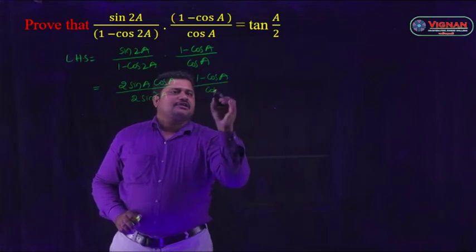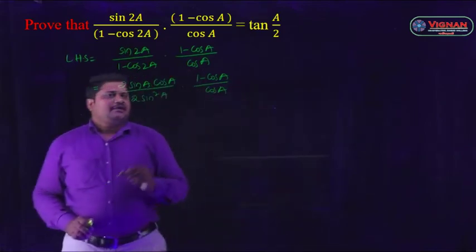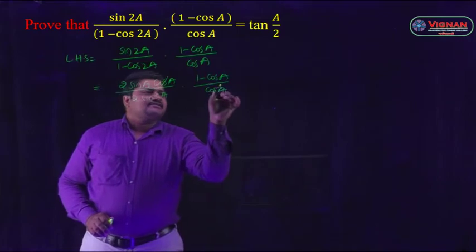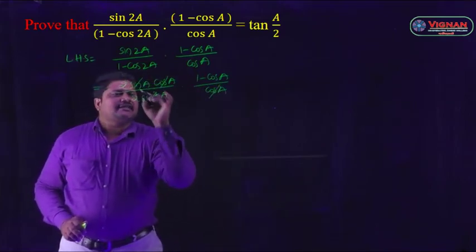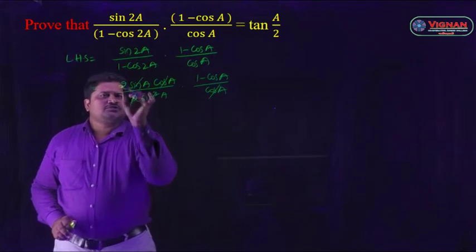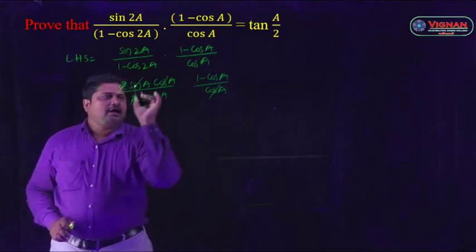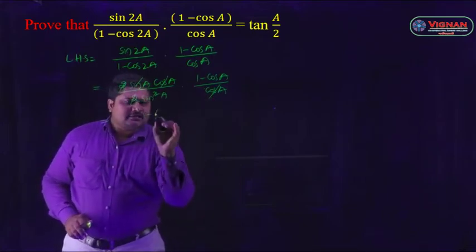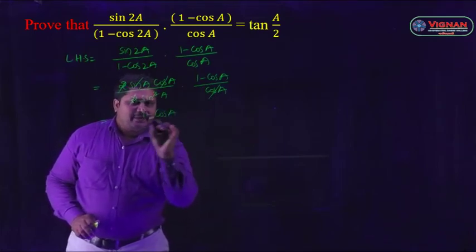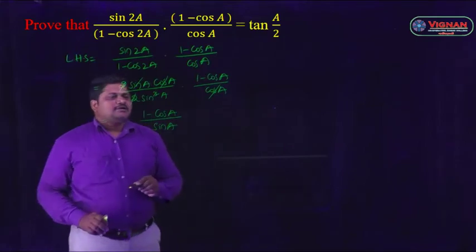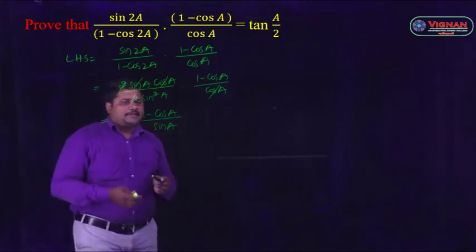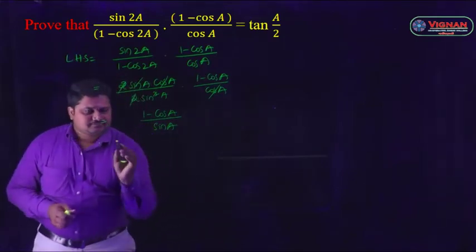Here cos a gets cancelled, one sin a gets cancelled, and 2 gets cancelled. We have 1 minus cos a by sin a, and we also have to apply the formulae of multiple angles.